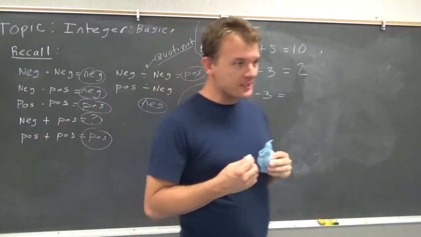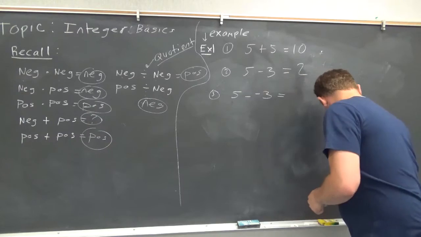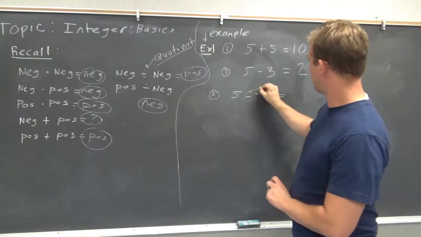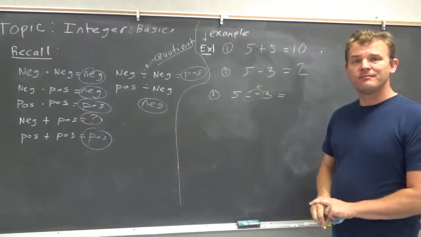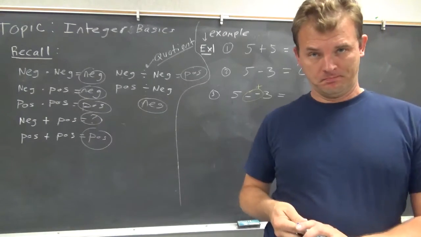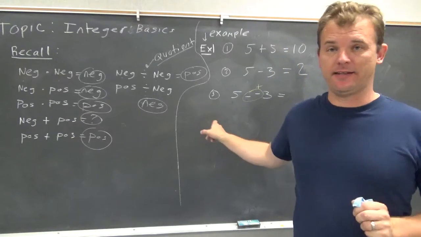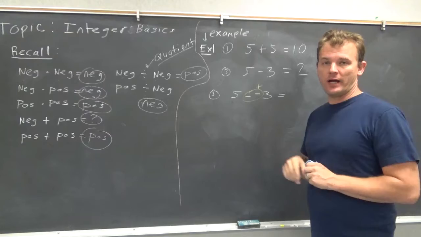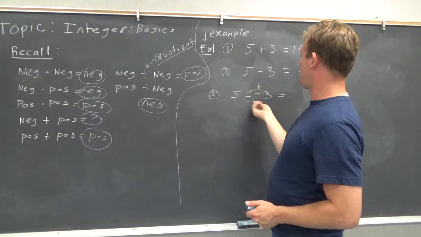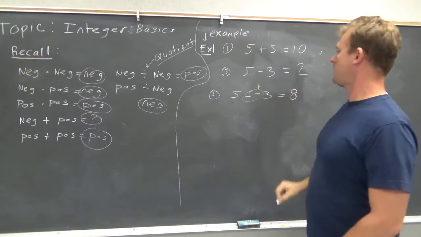Now some of your teachers in recent years might have circled those and went positive. I don't care, that is perfect. Do I like to always do that? No, because I wasn't actually taught that. I was taught the number line. So this is going to be positive, so that's going to be positive 8.